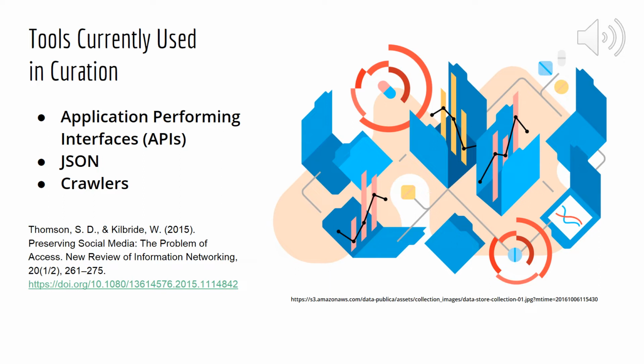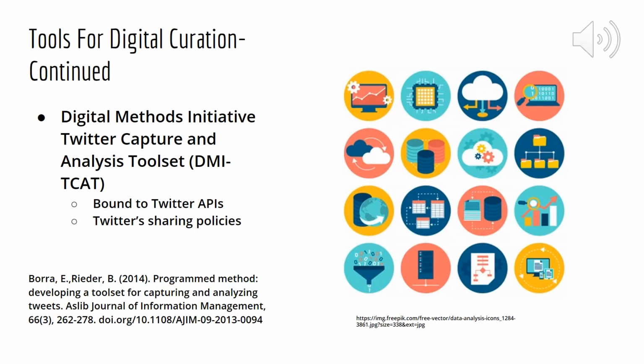Using crawlers is an alternative approach, as they can capture the look and feel of a social media page at a particular moment in time. The Digital Methods Initiative Twitter Capture and Analysis Toolset, presented in Bohr and Reiter's 2014 study, is an open-access Twitter microblogging tool for data capture and data analysis.